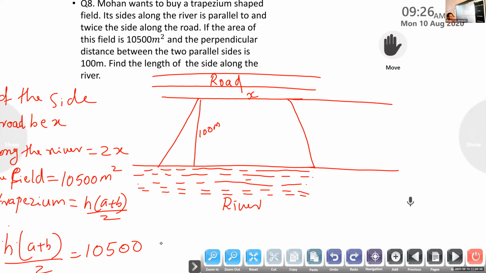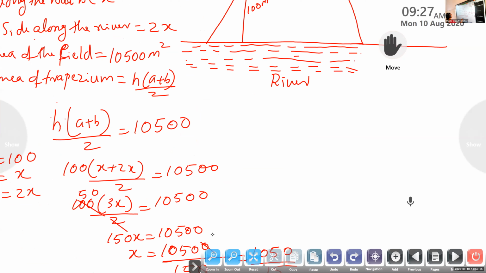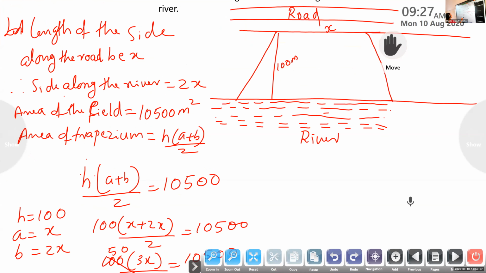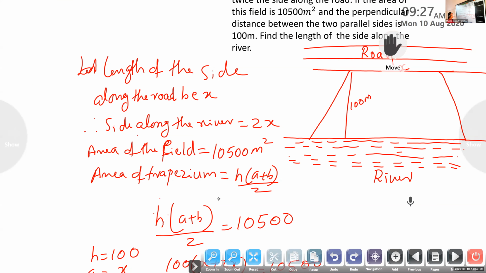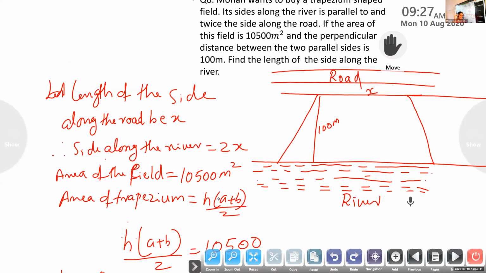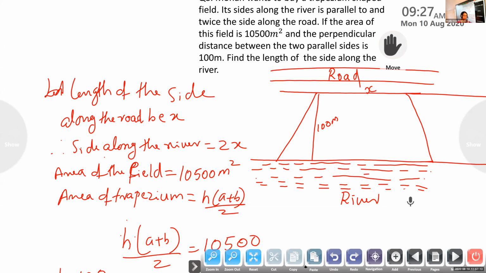So we take the side along the road as x. The side along the river will be its twice, 2x.